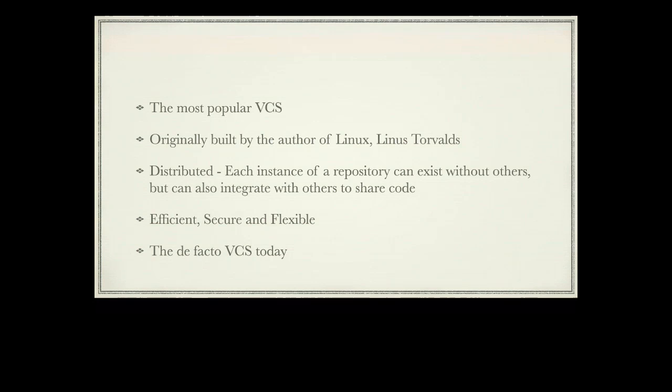So there are version control systems that make use of a central repository that is the only point where you can keep track of previous changes or access the history.